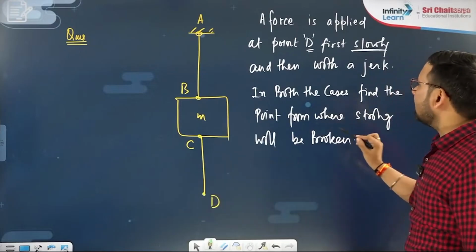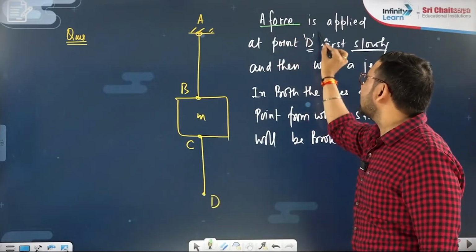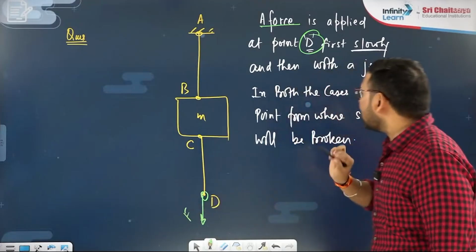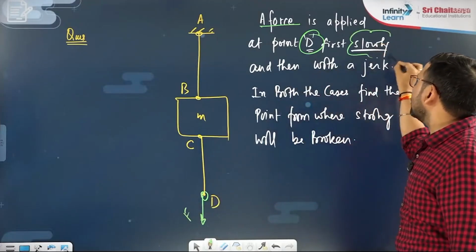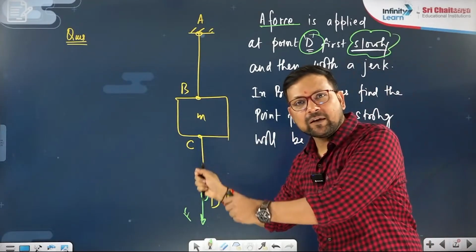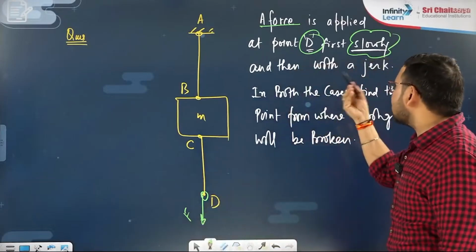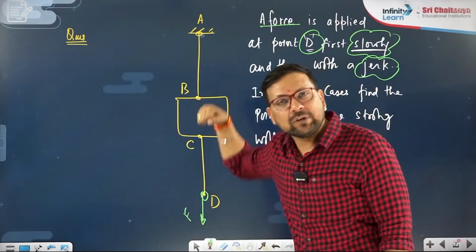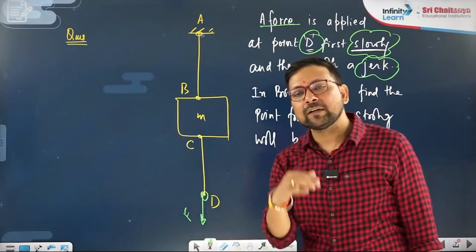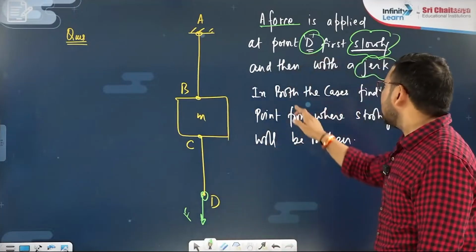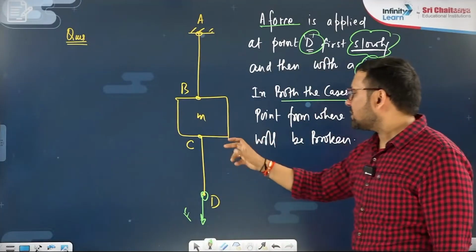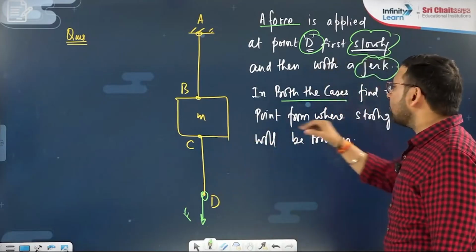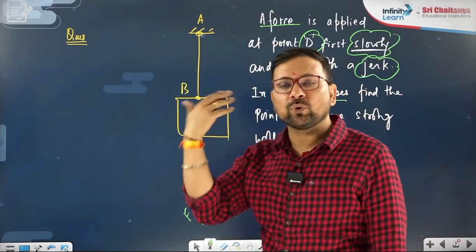I am applying force at point D. But I am applying the force slowly, simply gently. And then in the second case, I will apply the force with a jerk. I will hold it and apply force at a very fast rate, high impulse. In both cases, slow and fast jerk, from which point might the string be broken?